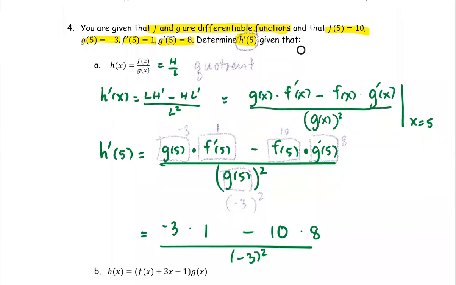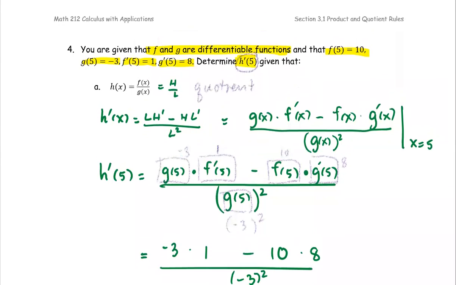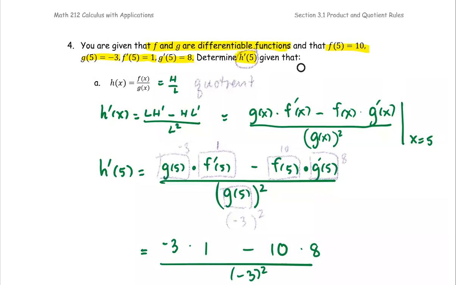I don't want to go over to the next one yet, so try to keep it in the same frame. Simplify the numbers using order of operations, PEMDAS. Parentheses, exponent, and then multiplication and division. You do the multiplication first, so you work on the products before you do the subtraction.